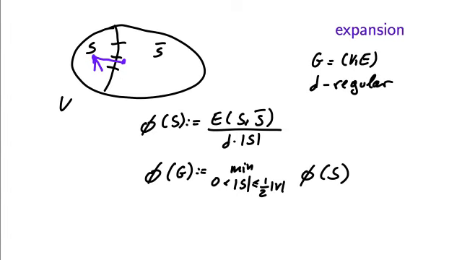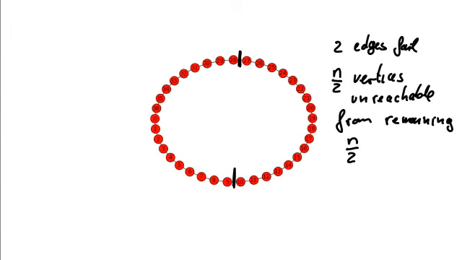We've already seen the example of a cycle. So in a cycle, the number of edges that cross a cut like this is 2, and we divide it by the degree times the size of S, where S has n over 2 vertices.